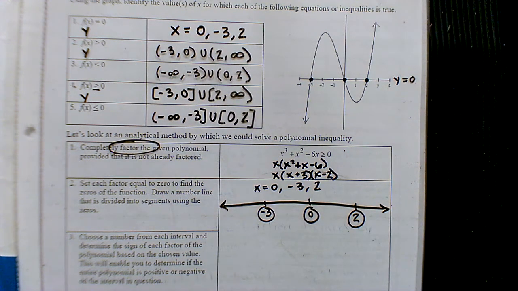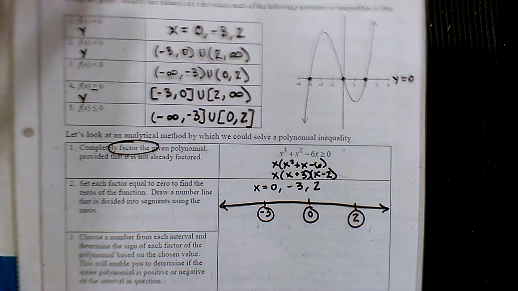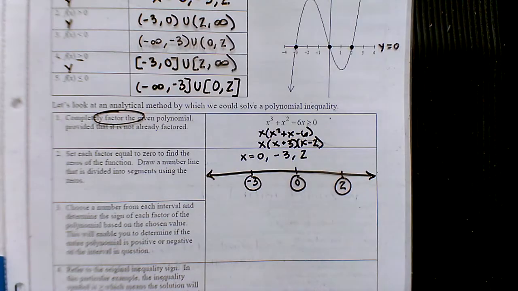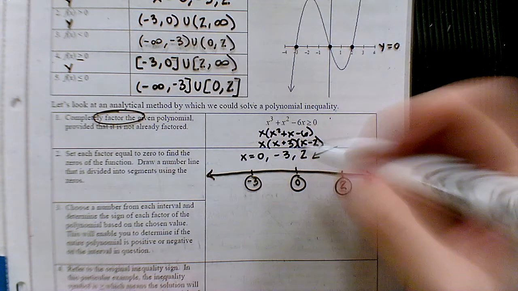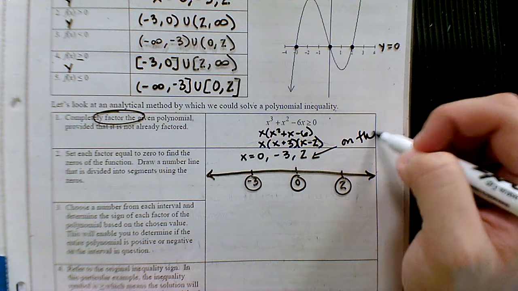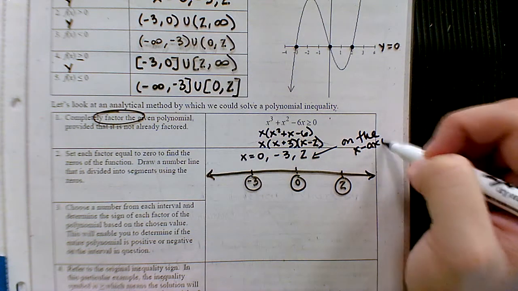So we know that these are the spots where the graph is on the x-axis. We got to kind of test or figure out what's the graph doing in between these values. Is it above the x-axis or is it below the x-axis? So we'll label these spots as on the x-axis.